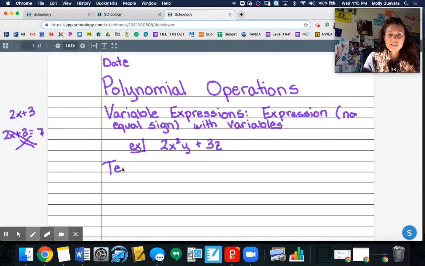The next term that we're going to define is term, which is funny.